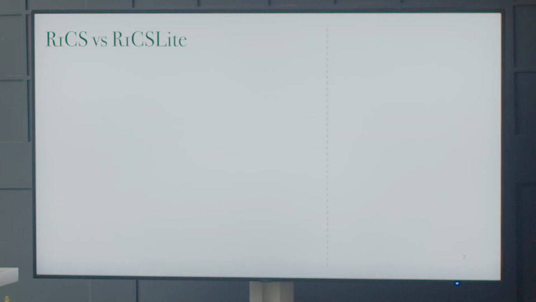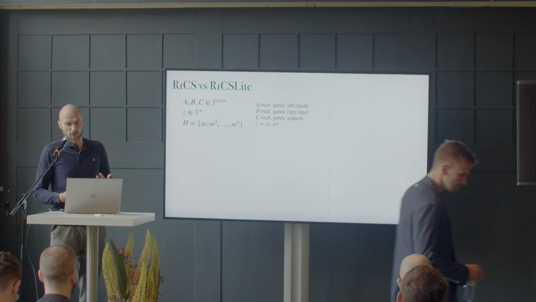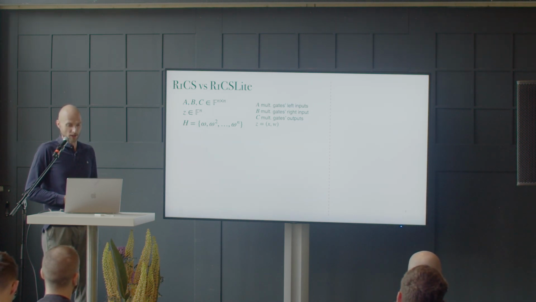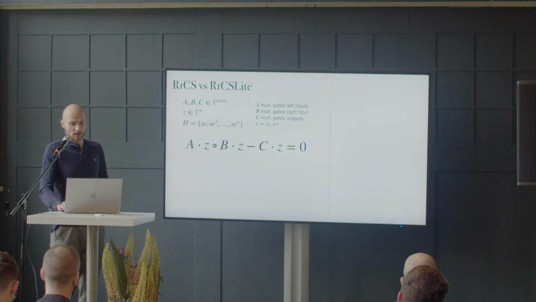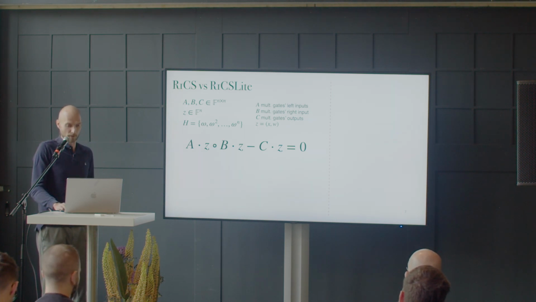This is very similar to R1CS, where we don't have a single matrix, but we have 3: matrices A, B, C. A corresponds to left inputs, B corresponds to right inputs, and C corresponds to the outputs of multiplication gates. What we want is that AZ times BZ minus CZ equals 0.